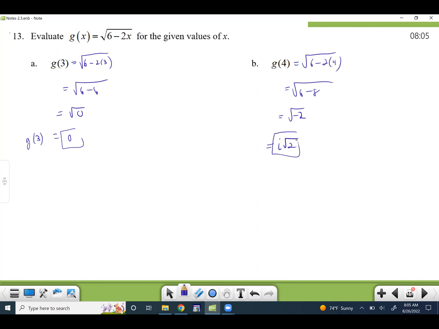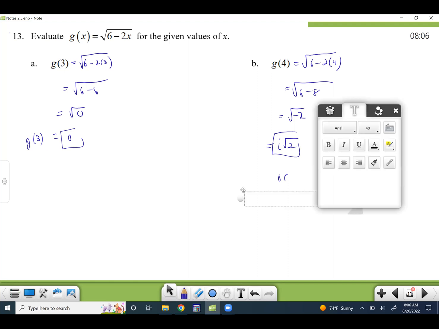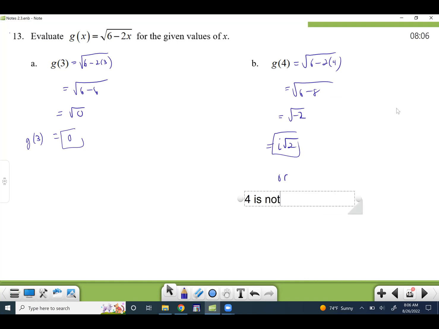But I have a feeling that what they want is to say 4 is not, and we'll talk more about this later, in the domain. Okay, since it's imaginary, right? Since it's not real. So maybe you could say undefined would be acceptable too.